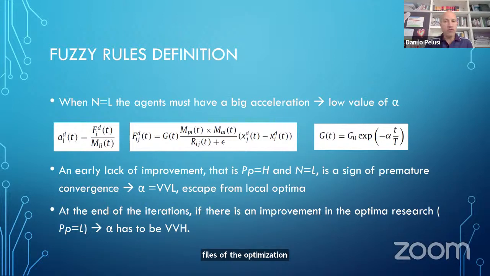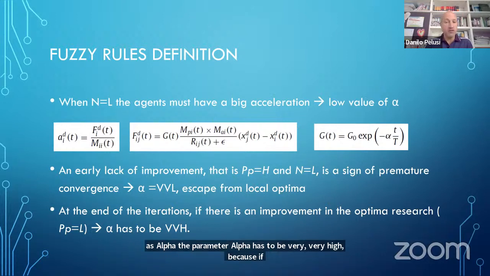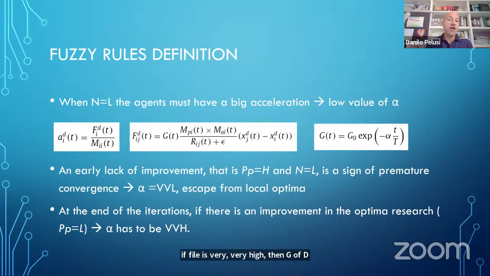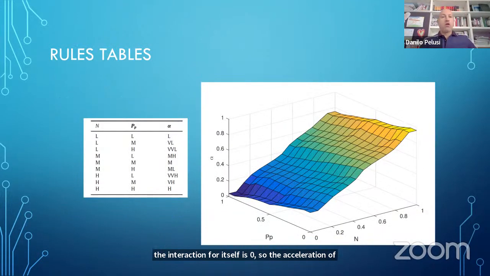If there is an improvement in the optimal research, that is, the population progress is low, then the parameter alpha has to be very, very high, because if alpha is very high, then G of t is low, so the interaction force F is low, so the acceleration of our agents is low.